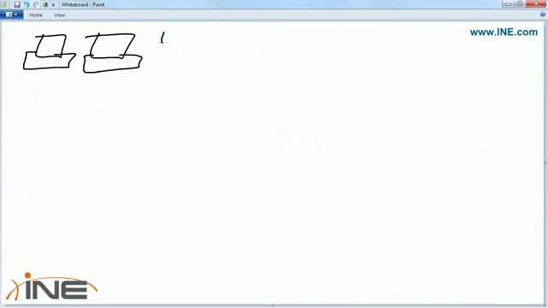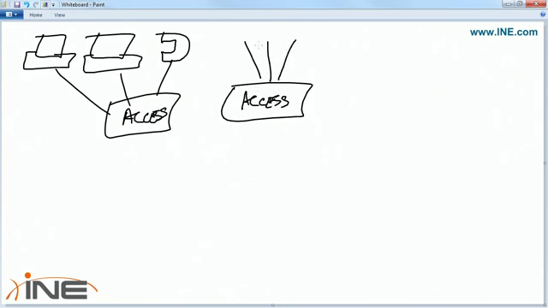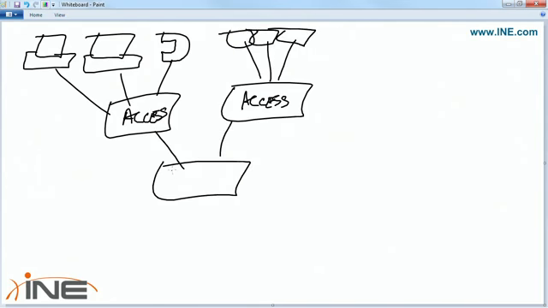If you were to visualize this, you're going to have your endpoints, like your hosts or your IP phones, plugging into the access. Then you generally have multiple access switches connecting to the endpoints. So these are individual hosts. Then somehow these are going to connect to the distribution layer, and then eventually get to the core.